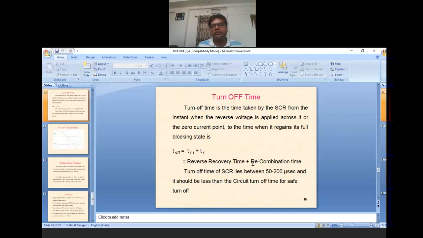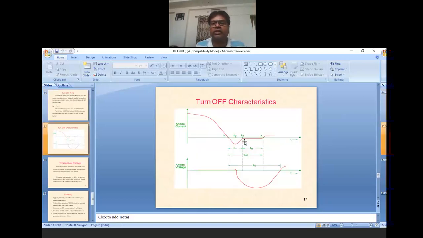That is TGR, the recombination time, or reverse recombination of electron hole pairs to re-establish the normal or original conditions of the SCR, to re-establish J1, J2 and J3. Now TRR plus your TGR is your T1 to T4. This is the total time taken by the SCR to turn off, and now it will be ready to be triggered when forward voltage is applied again.